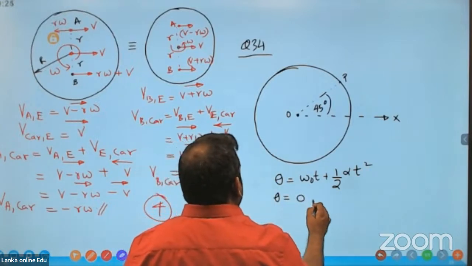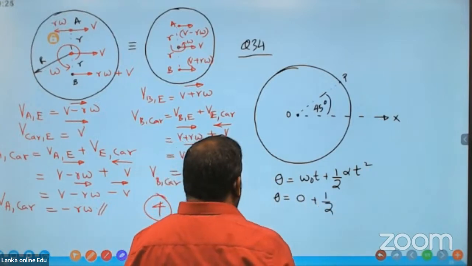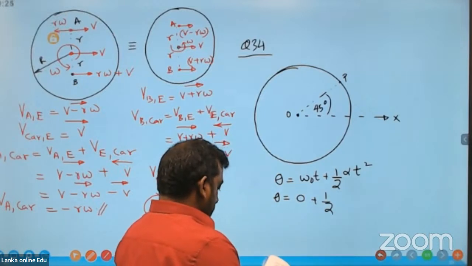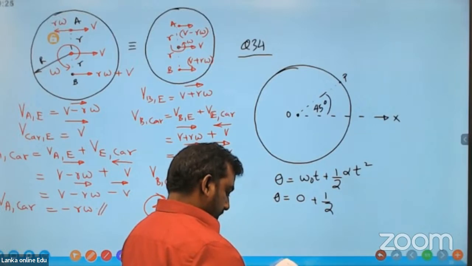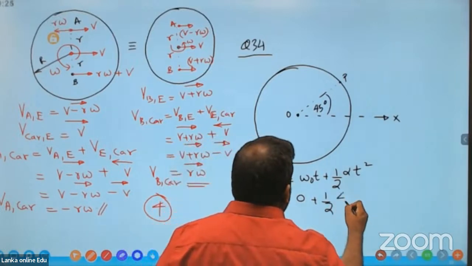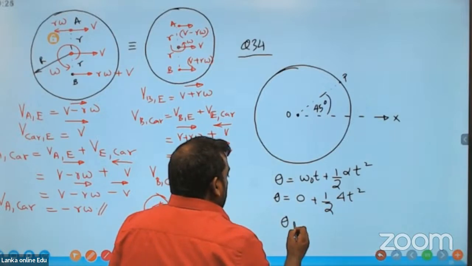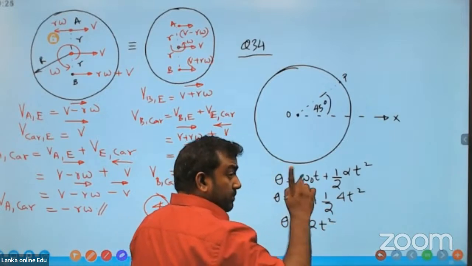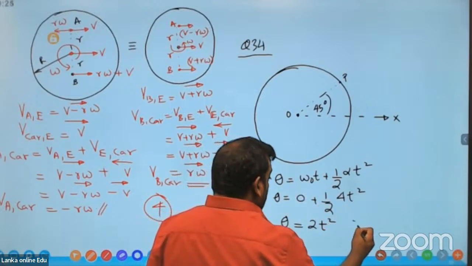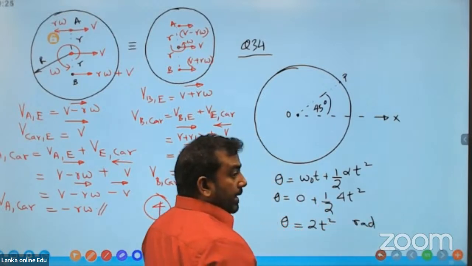Starting from rest. Alpha is given as 4. So theta equals 2t square. Remember, this answer here is not in degrees, it's in radians.